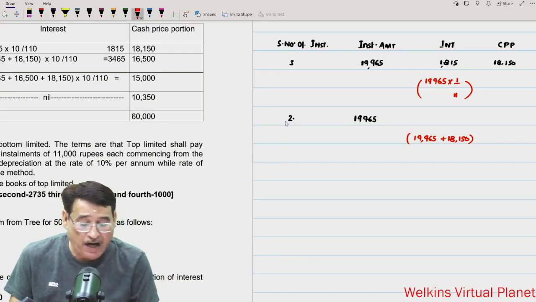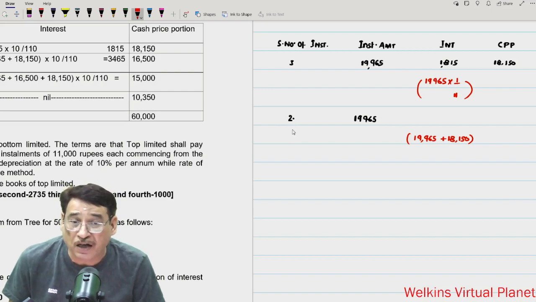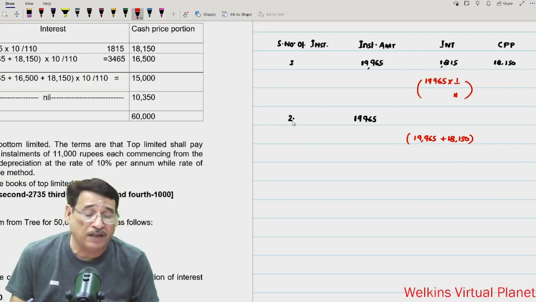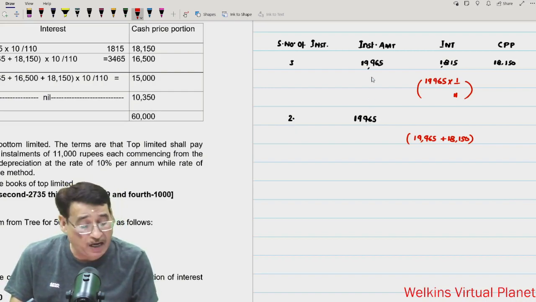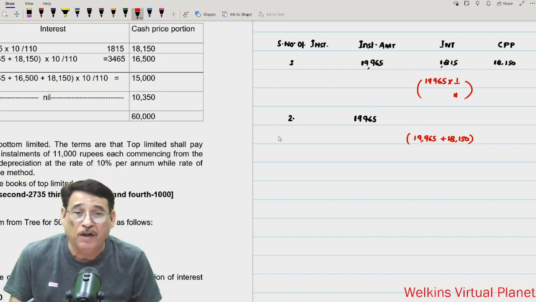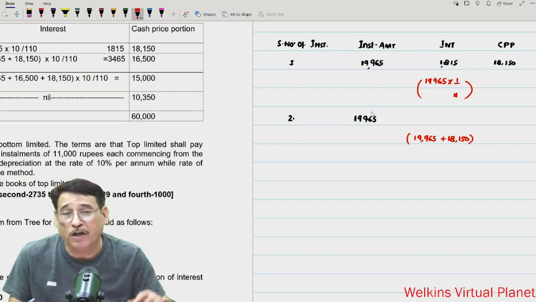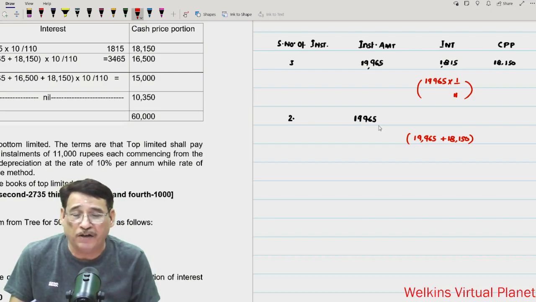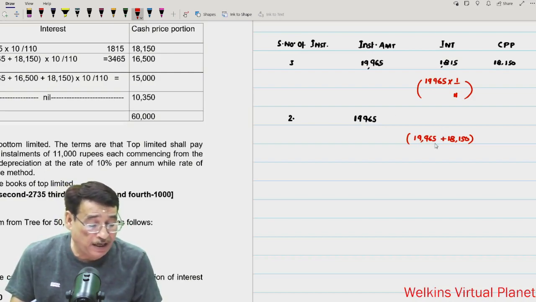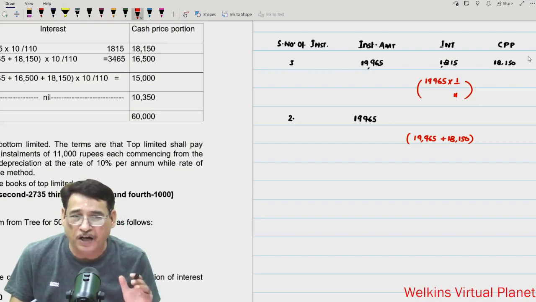Similarly, now we are at the end of the second year. At the end of the second year, that means we haven't paid the third installment. So interest will also be computed on the third installment. Interest is always computed on the balance. So 19,965, this is the balance, plus 18,150, because this is the balance of the third amount. Are you getting my point or not?